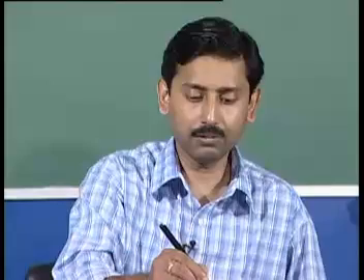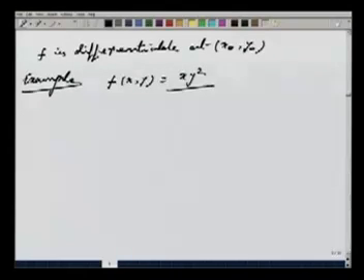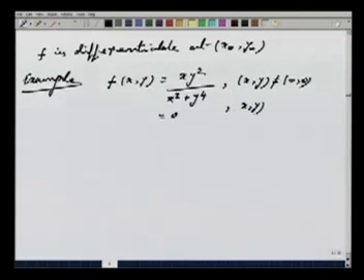So now the question remains: if it is just the mere existence of partial derivatives, does that imply f is continuous? Well, we have already seen some such example. I will again repeat that example here. I look at the function f of xy equal to xy square divided by x square plus y to the power 4, where xy is not equal to 0, 0, and it is 0 if xy is equal to 0, 0.